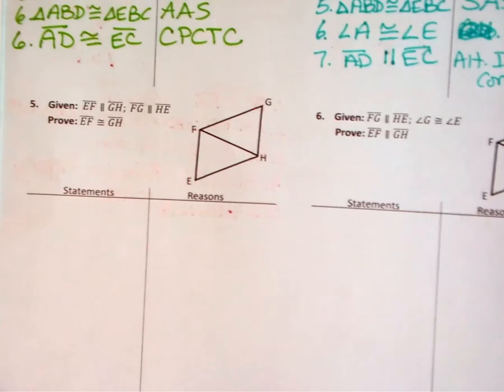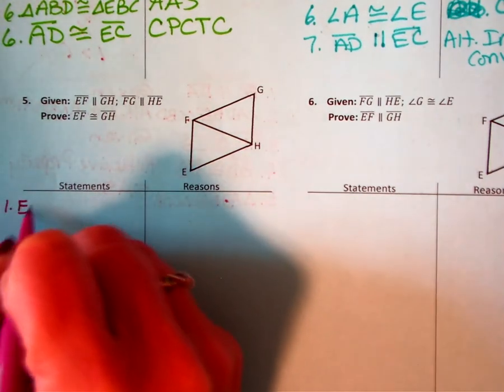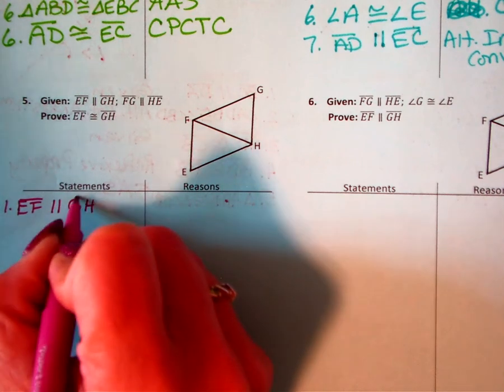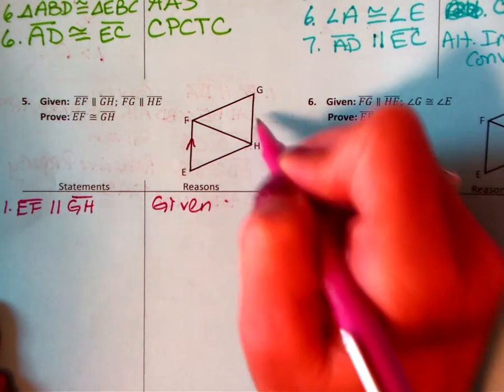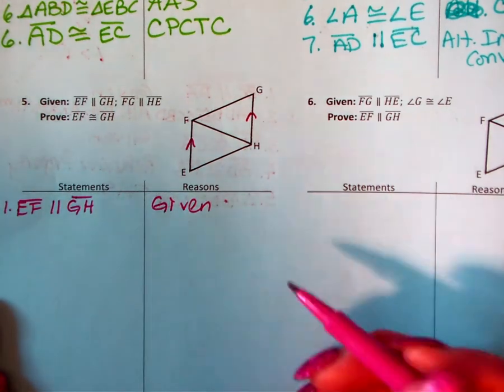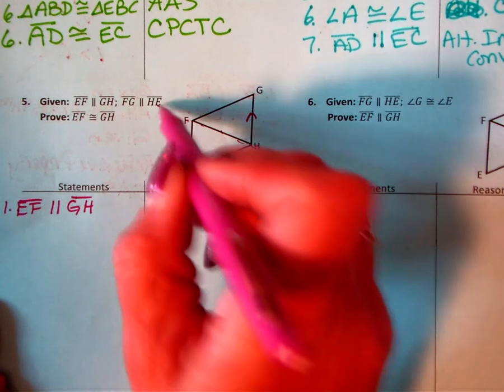All right, next. We've got EF parallel to GH. So my transversal is FH here.